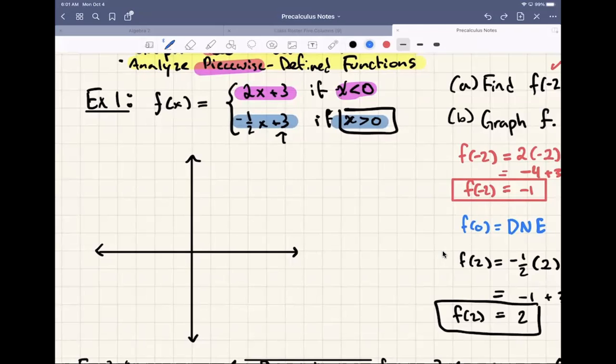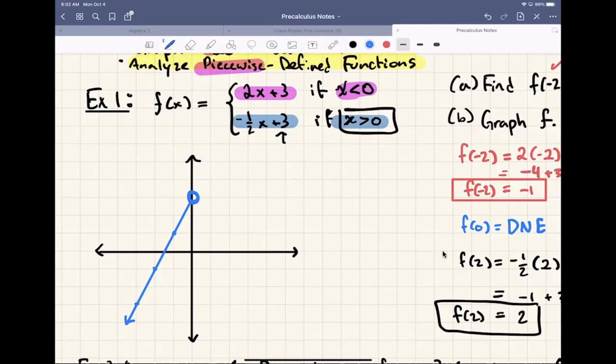Normally it would be 3, but because we do not have the or equal to, we're going to have an open hole at 3. 1, 2, 3. So we start here with an open circle, and the slope is 2, so we go down 2 over 1, and then down 2 over 1 again, and it's going to keep going down in that direction. Because it keeps going down, we just put an arrow saying we keep going that way.